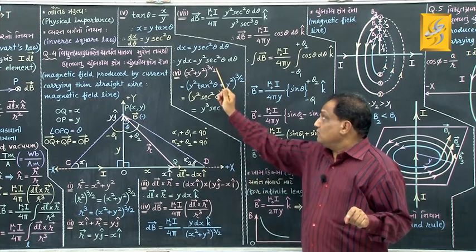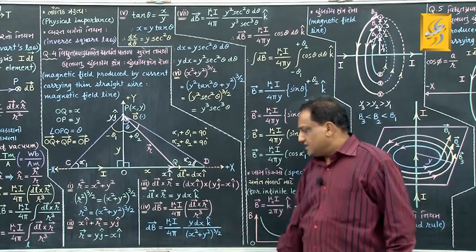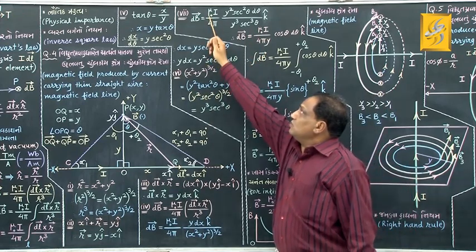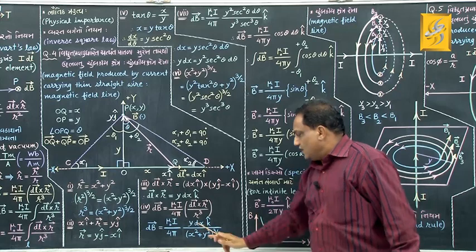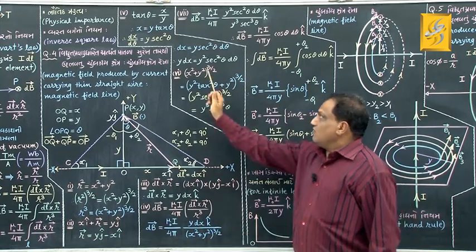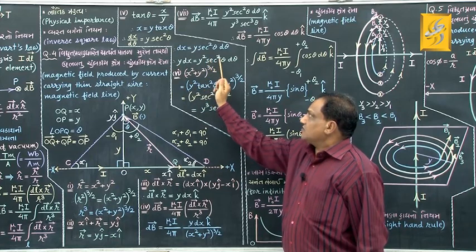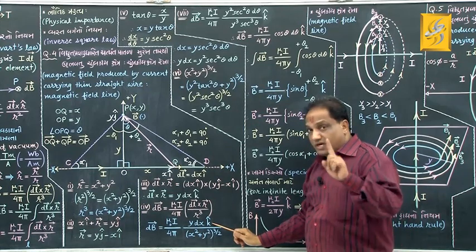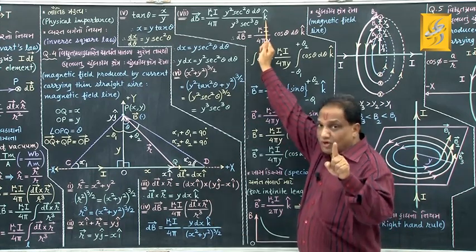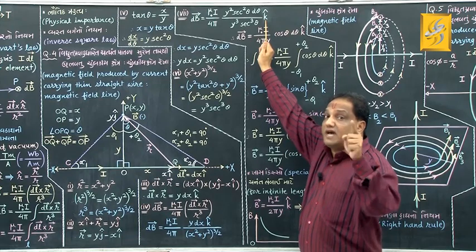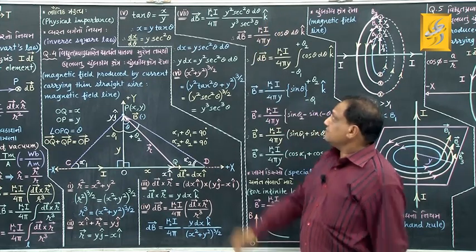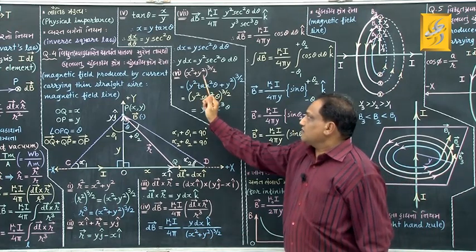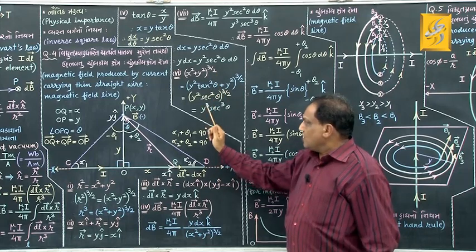And now put this value and this value in this formula. Start with this vector dB, and that equals mu 0 I upon 4 pi into y dx k hat, but the value of y dx is y square sec square theta d theta, and k hat you must write, don't forget, this k hat is very important. From that term only we can find out the direction, so don't miss that term. It is divided by x square plus y square whole raised to 3 by 2, which is y cube sec cube theta.